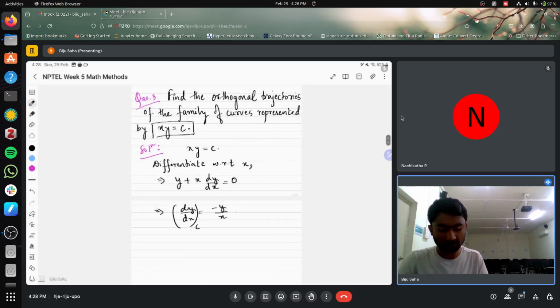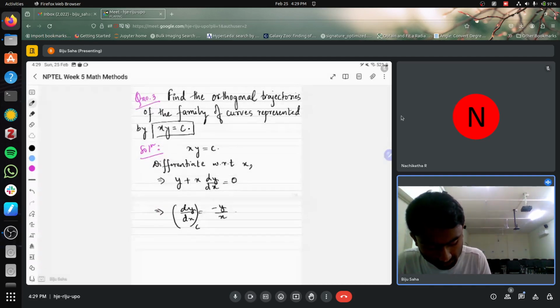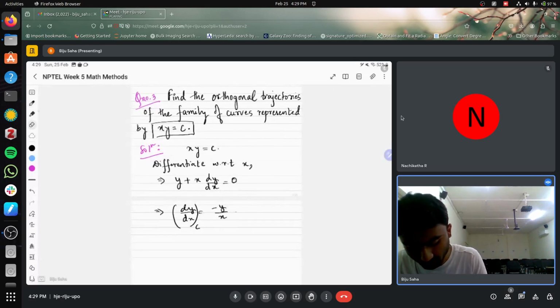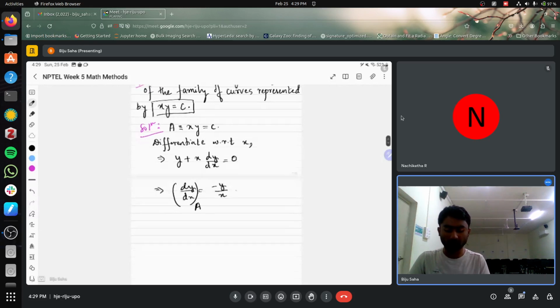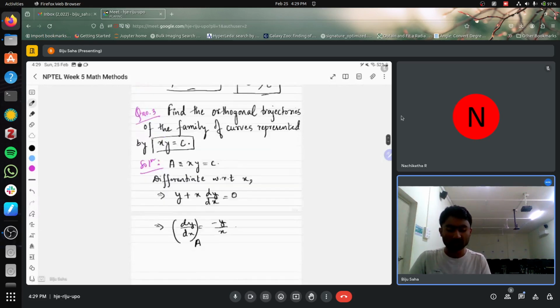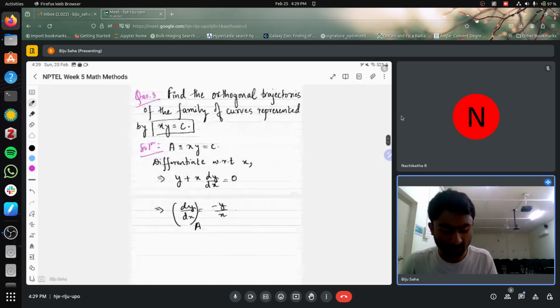This is for the curve xy equal to c. Let me name something different because we have already used c. So this is a family of curves A, let's say, and this is the slope of that family of curves. We have to find another family of curves which is orthogonal to this.